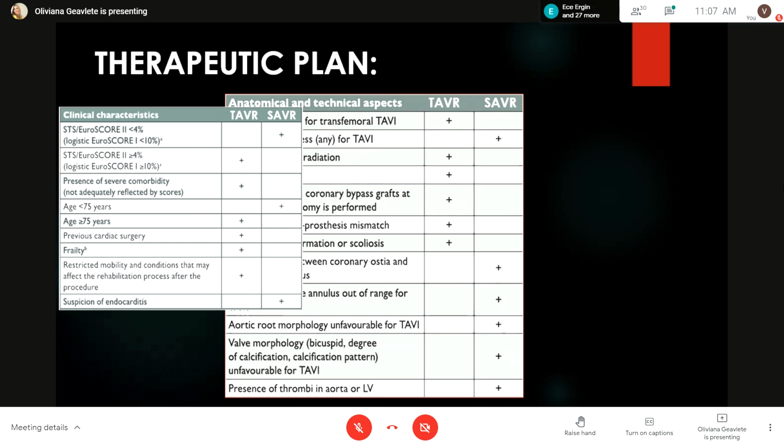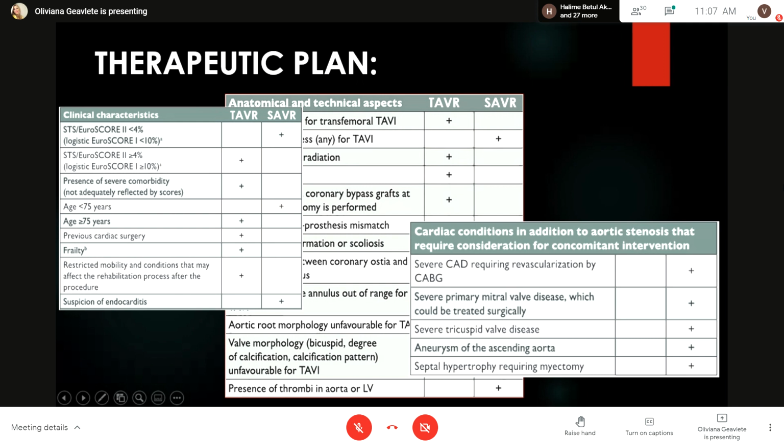You have clinical characteristics too that favor one or another, and in all these patients you should calculate some scores to provide the risk rates, and if it exceeds 10%, then you should go for an interventional approach.